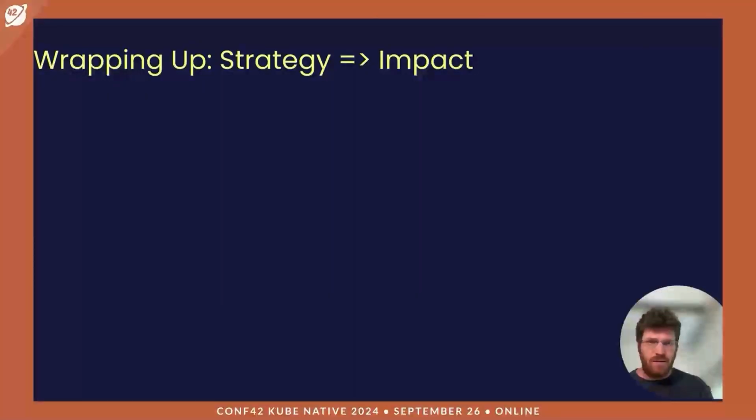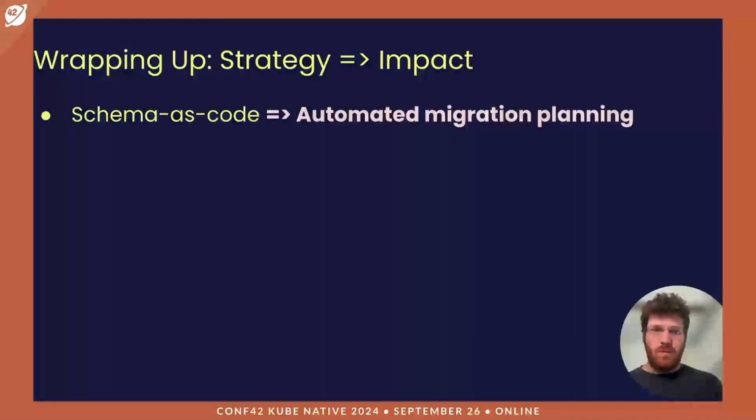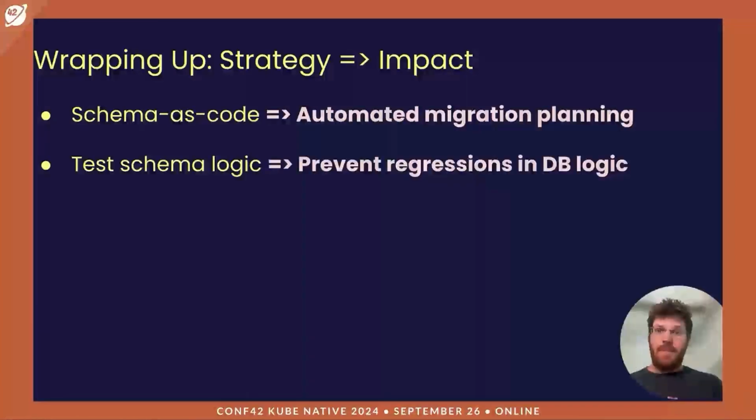Okay, wrapping up, let's consider how the 5 strategies that we presented today can improve and make database schema migrations more reliable. So database schema as code, Terraform for databases. In general, automatically planned migrations are less error-prone and more predictable than manually planned changes most of the time.